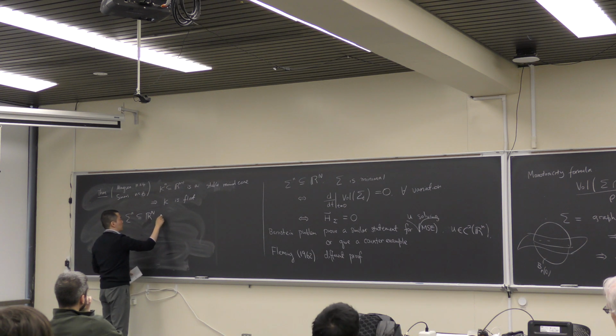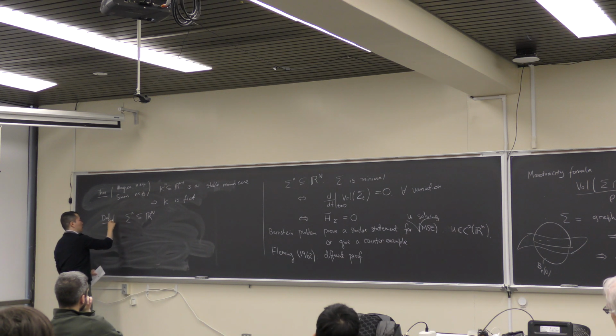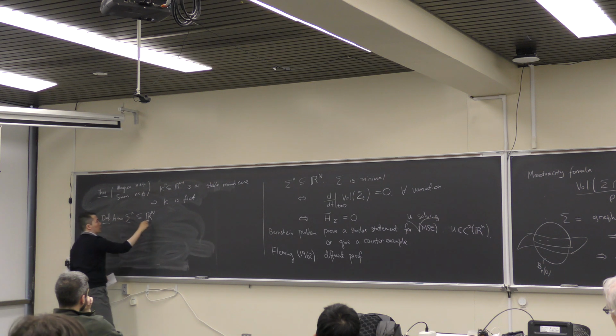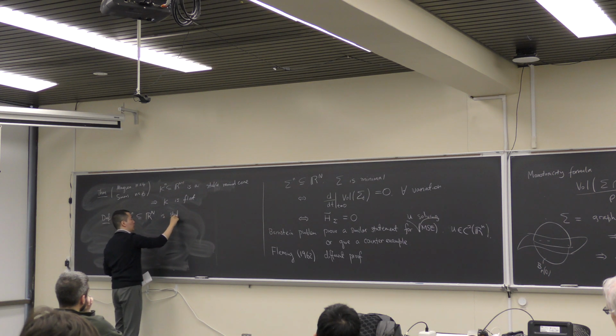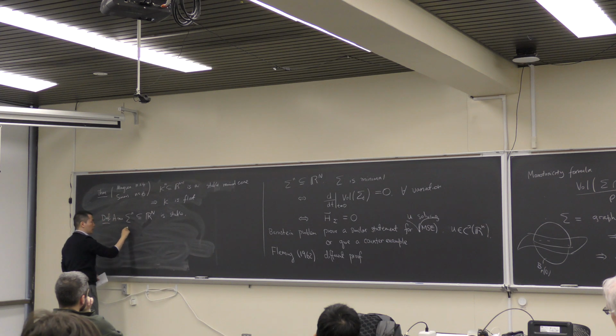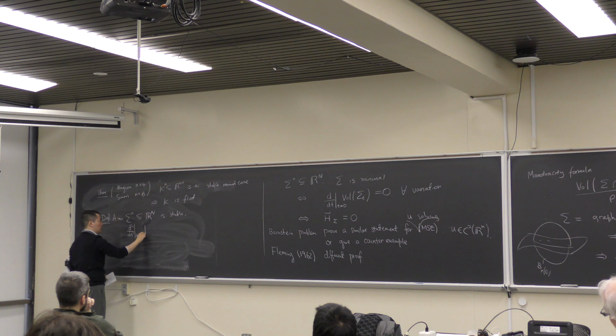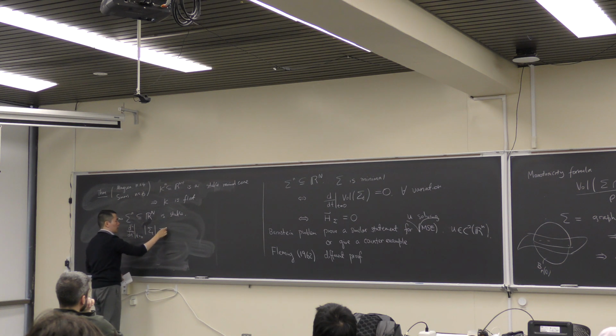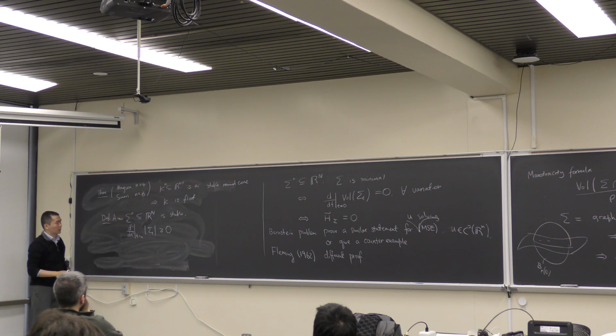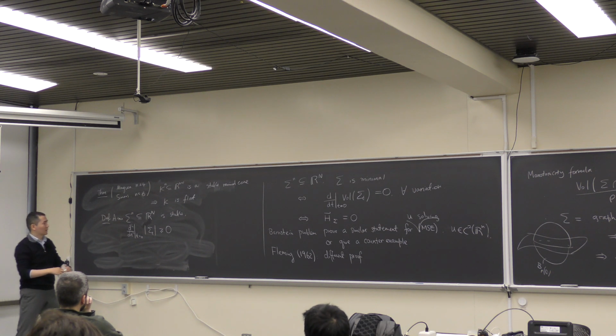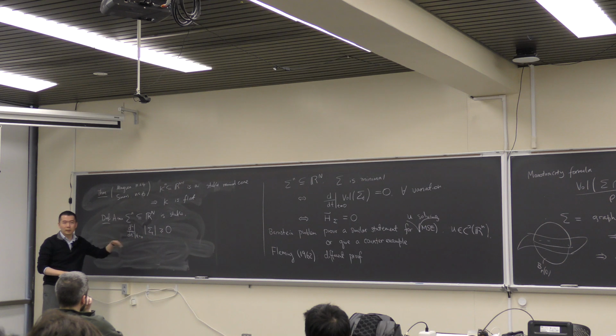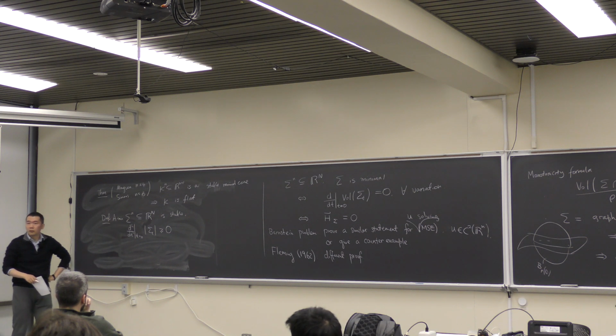A minimal immersion is called stable if the second variation is non-negative for every variation sigma_t. So apparently, if you are minimizing, then you're automatically stable. Stability is like the second derivative test in variational problems. And for a cone, you're only applying this away from the origin.